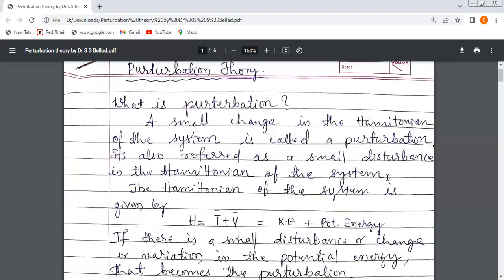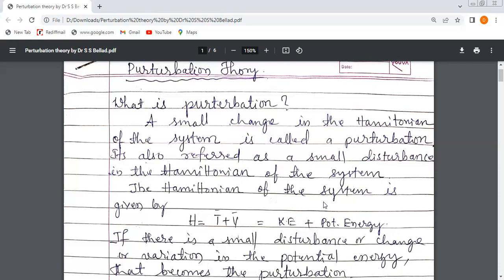This small disturbance may be in any one of the parameters associated with the Hamiltonian of the system. That is why this Hamiltonian is very, very important, so that it depicts or describes a physical system in quantum mechanics.